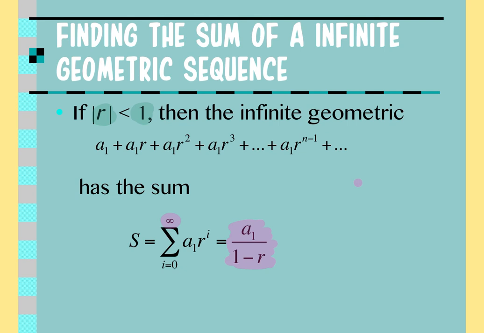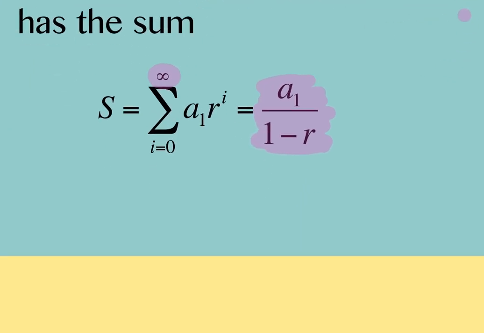So I do A1, the first term, over 1 minus r. Now notice that the summation looks different on this one. This is how else you could see it. Now the base is 0 and the exponent is just i. It would be the same as if this was 1 and this was i minus 1. It's not going to trick you, okay?